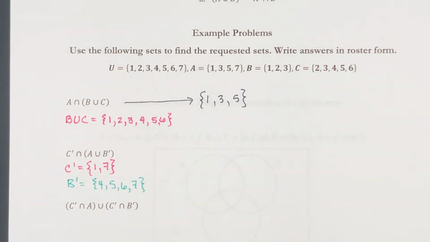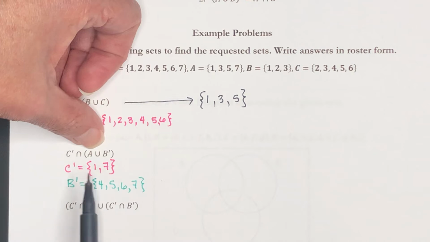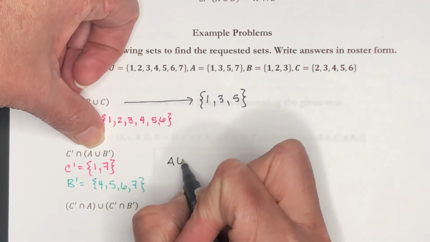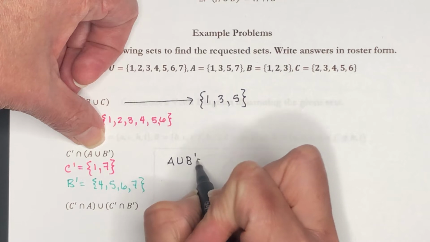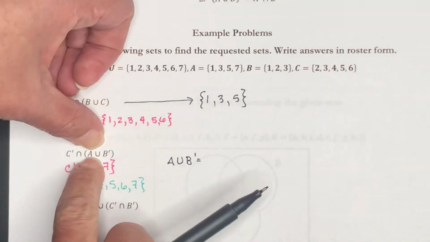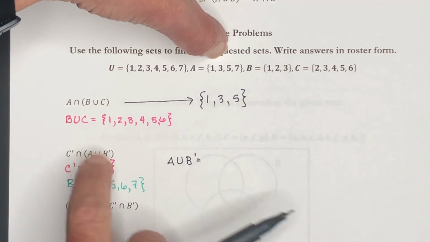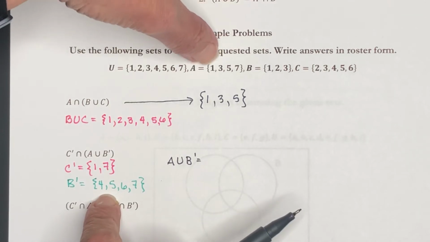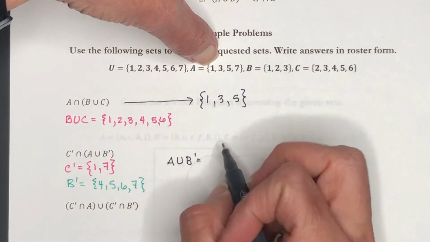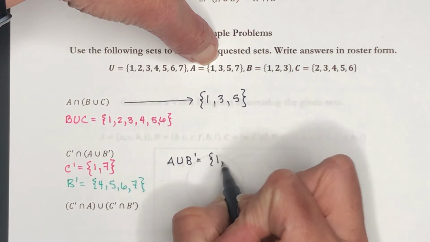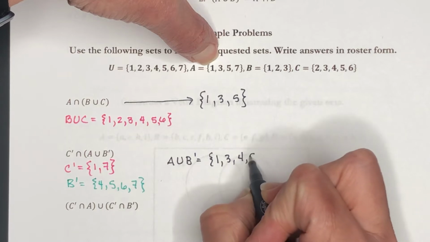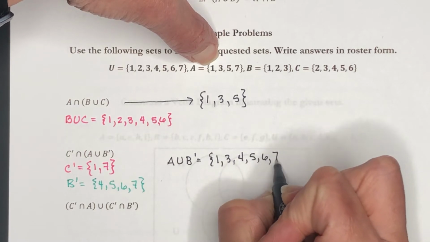Okay. Now we need A union B complement. That means we pick up everything that is in A and everything that is in B complement, and we just put them together. So that's going to be 1, 3, 4, 5, 6, and 7.